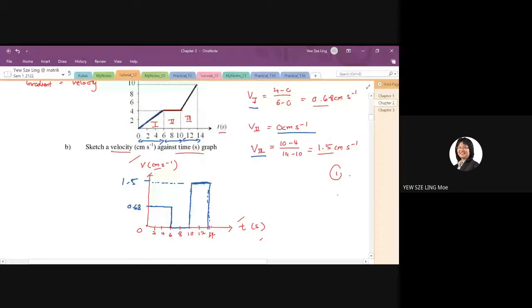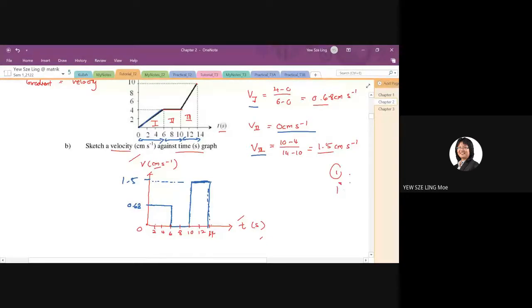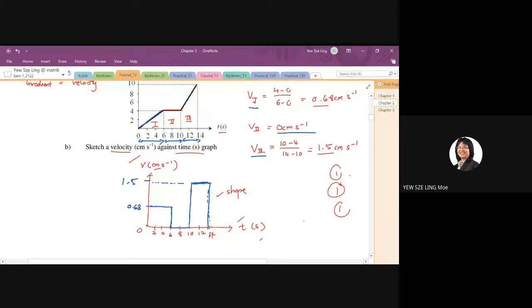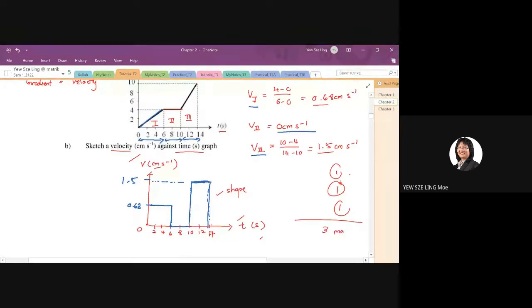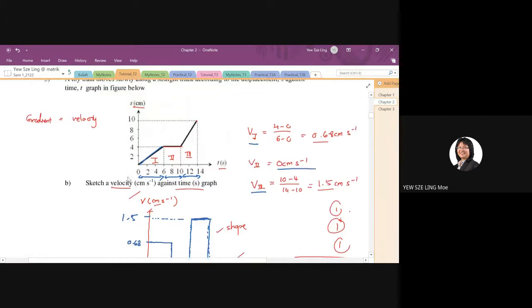This is another 1 mark. And then you get the correct shape. Shape is another 1 mark. So usually one graph is worth 3 marks. Now some graphs are 2 marks.